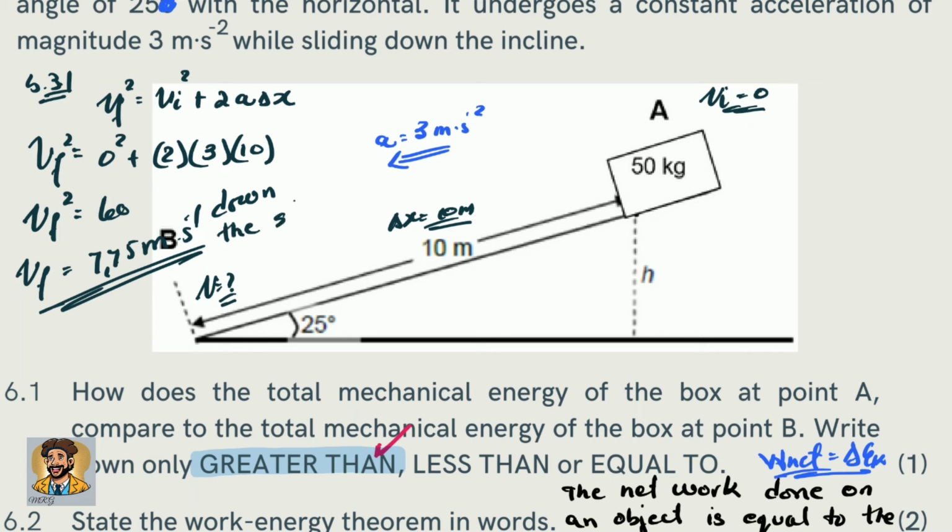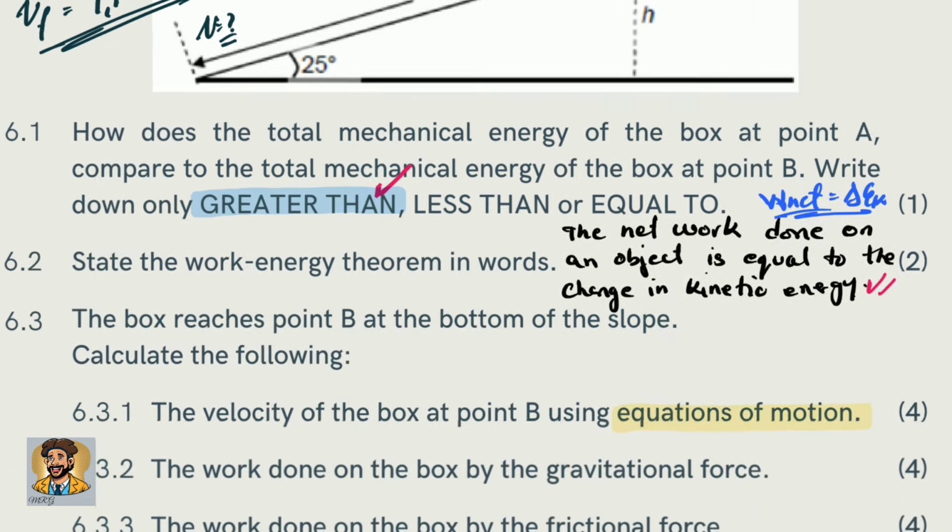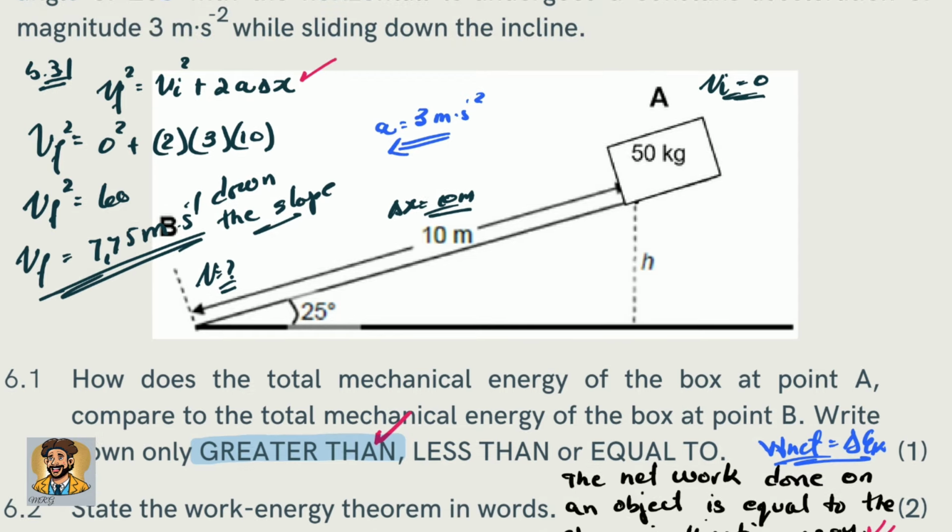There we go, and that is the answer. For this question, the marks were 1 for the formula, 1 for the substitution, 1 for the magnitude of the velocity, 1 for the direction. Remember, the marks are not always the same, but you can get marks for your working here.